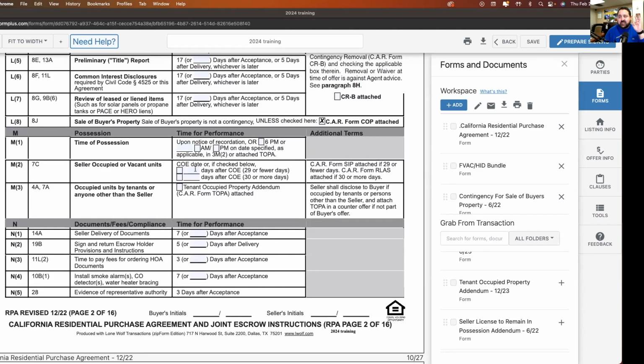Now, if I have a seller that is in possession of the property, and I still can't believe to this day, I still see you guys allow this to happen. If I'm a listing agent, my seller lives in the property, even if it's a non-contingent sale, there is no way that I am giving them anything less than 3 days after close of escrow. No way.